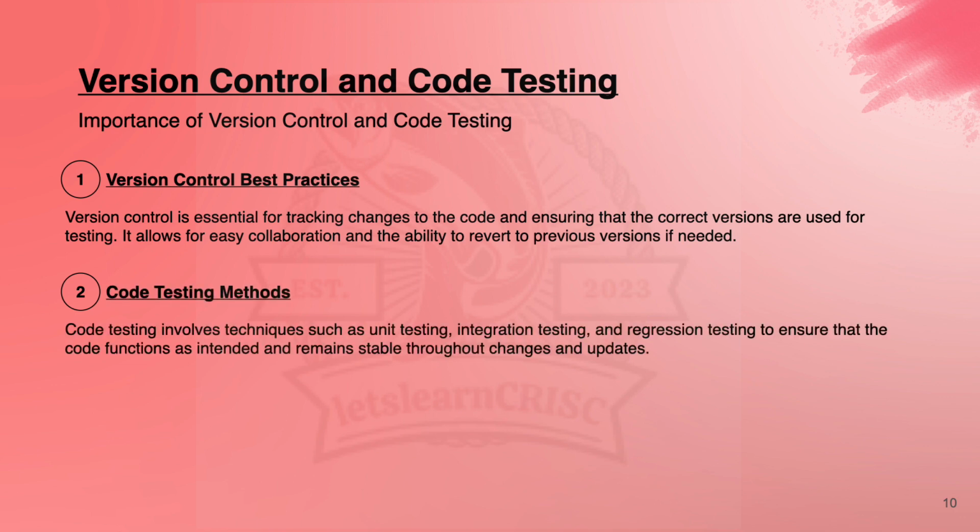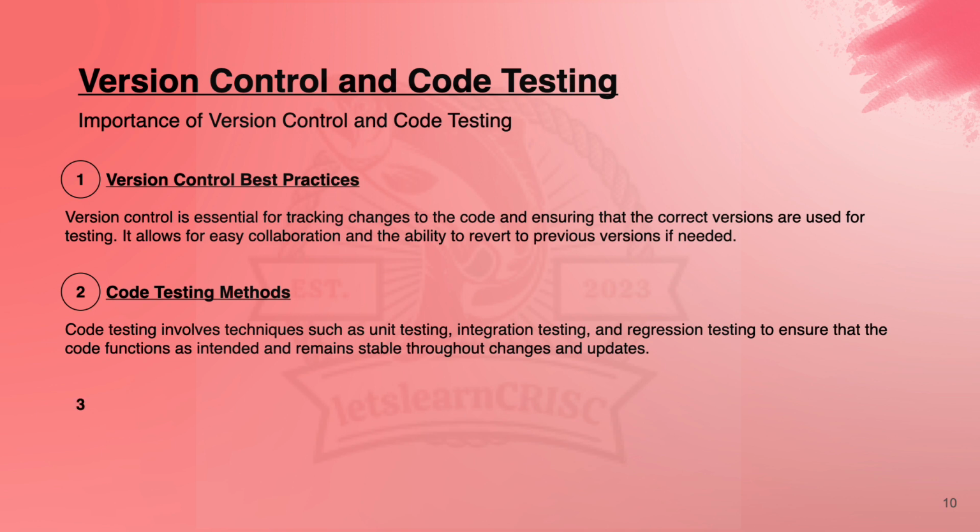Next is the code testing method. Friends, code testing involves different techniques to make sure the code works correctly. This includes testing small parts, like unit testing, checking how different parts work together, like integration testing, or regression testing, ensuring that changes don't break existing features.